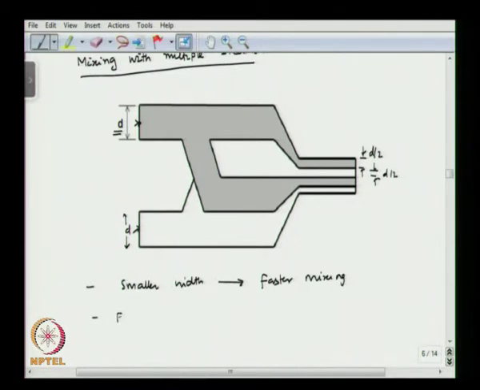So, what we do is each stream is divided into n substreams, and that is known as parallel lamination.